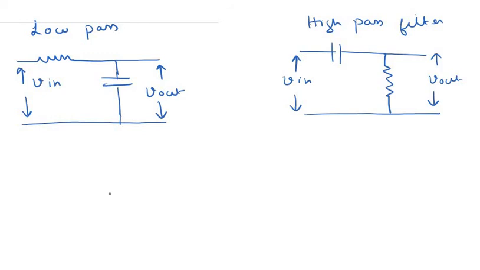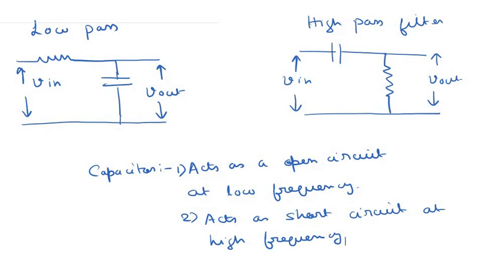Similarly, in case of high pass filters, this capacitor again acts as an open circuit when the frequency is really low. And if the capacitor acts as an open circuit, this means no current can flow in this path. And if no current can flow in this path, then the output voltage across the resistor is basically 0. So that is why for a high pass filter, the output voltage is 0 when the frequency is really low.